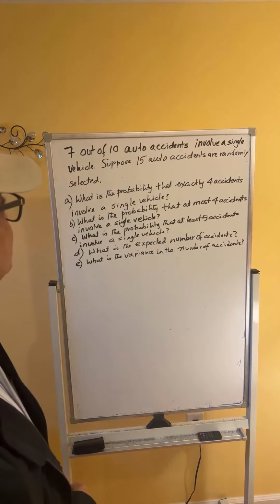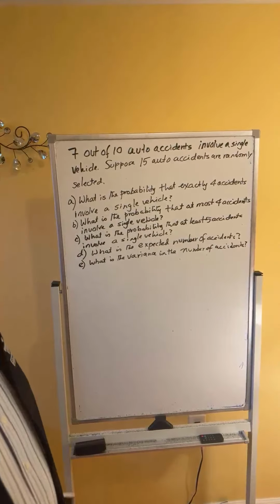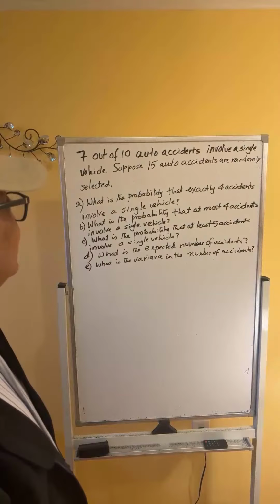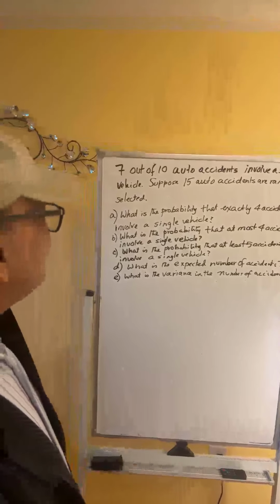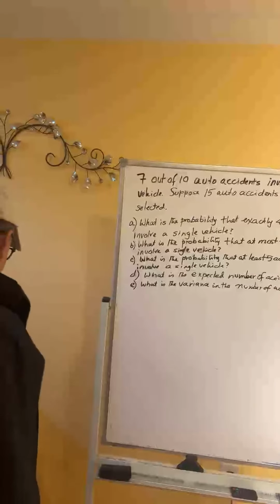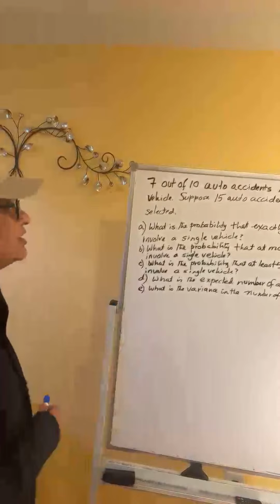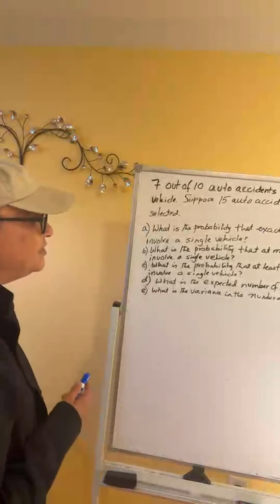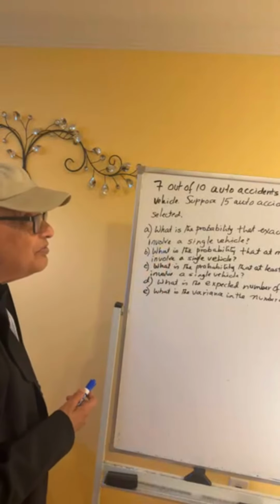So the problem says 7 out of 10 auto accidents include a single vehicle. Suppose 15 auto accidents are randomly selected. What is the probability that exactly 4 accidents involve a single vehicle? So we first have to understand that 7 out of 10 auto accidents involve a single vehicle, and we are looking for the probability of a single vehicle.